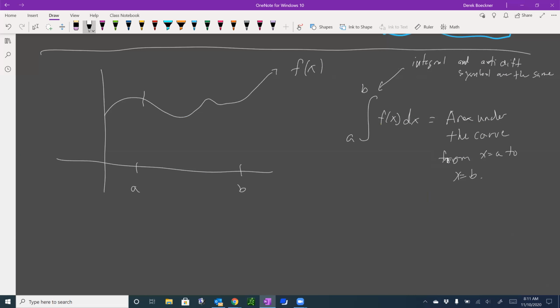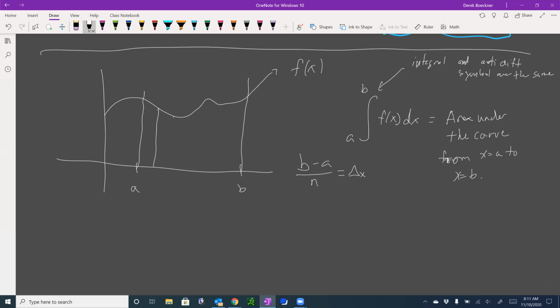Now, these rectangles that we draw, in this class, we're going to make it easy and make sure that all the widths are about the same. So I'm just going to take b minus a. That's how far along the x-axis we have to go. And if I want to break that up into n rectangles, I'm going to call that delta x for this situation.